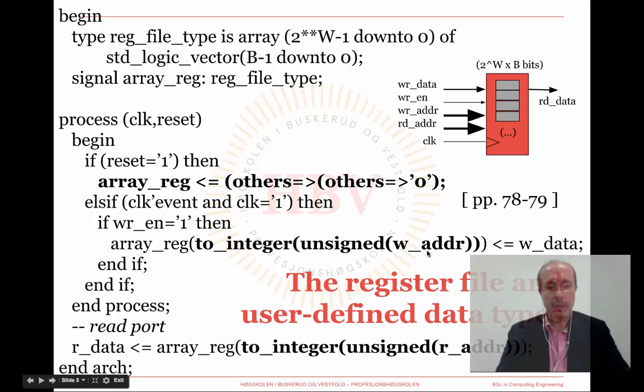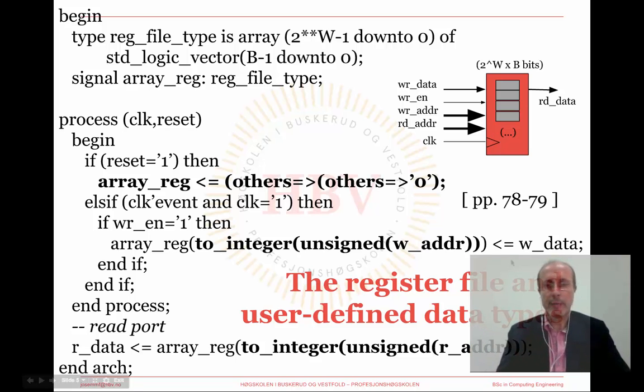And so, because our address buses were defined as standard logic vector data types, we will need to perform a type conversion. Now, if you take a look at the operators and type descriptions, type conversions table that was shown in an earlier presentation, you will see that there is no direct conversion between standard logic vector and integer.